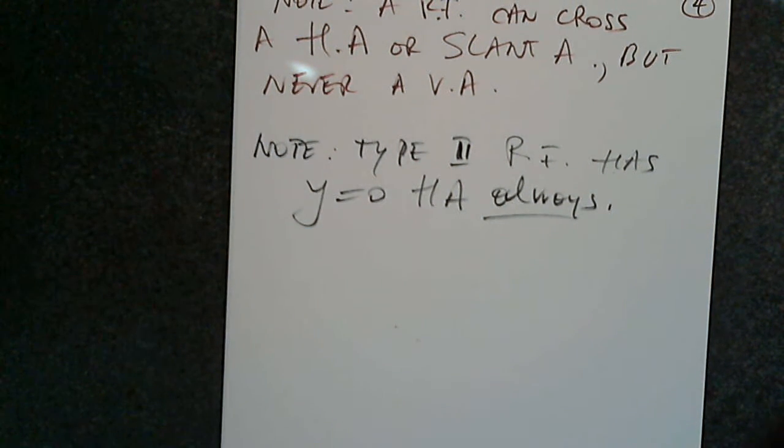That's the only difference. So let's take a look at an example. Say it again: the type 2 rational function has y equals 0 as a horizontal asymptote.